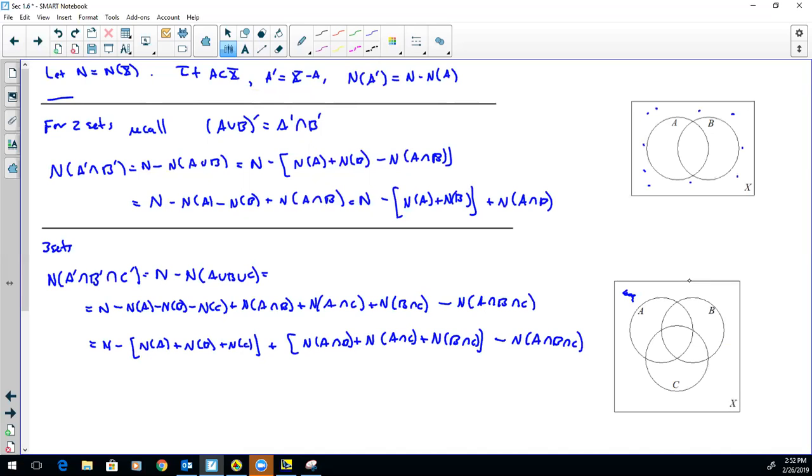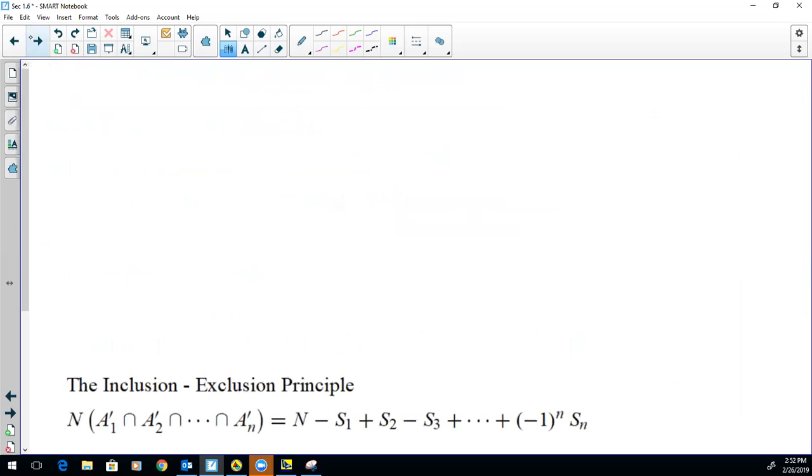Okay. So we need to develop some notation here because we're going to have some general number of sets. So let's start with this here.